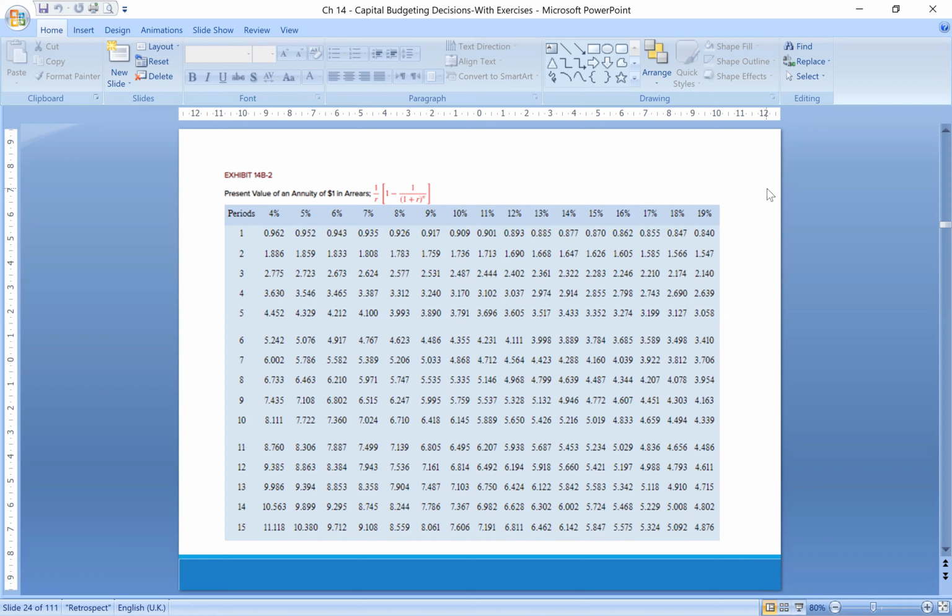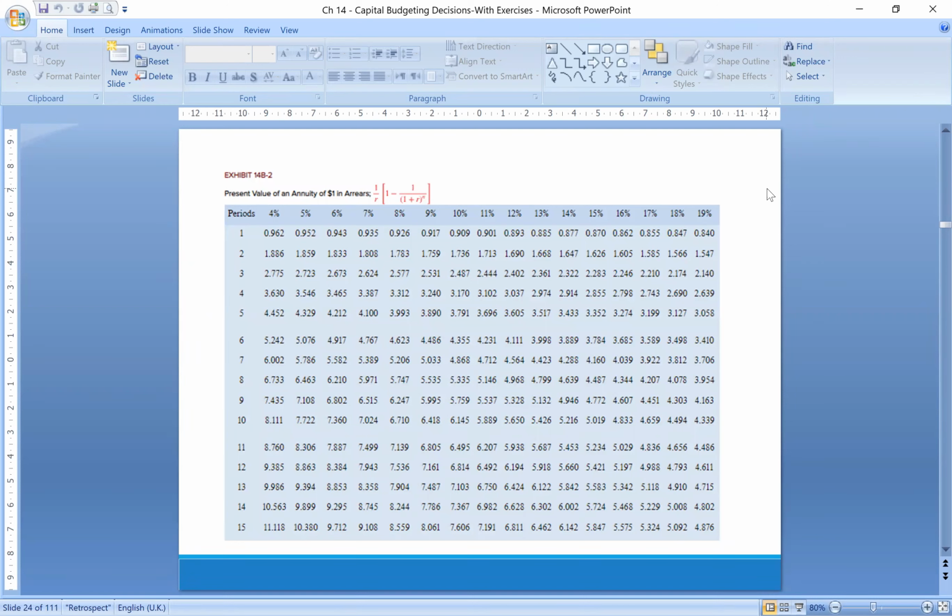Suppose I'm talking about something called an annuity. What does annuity mean? Annuity means more than one amount to be received during the life of the project.